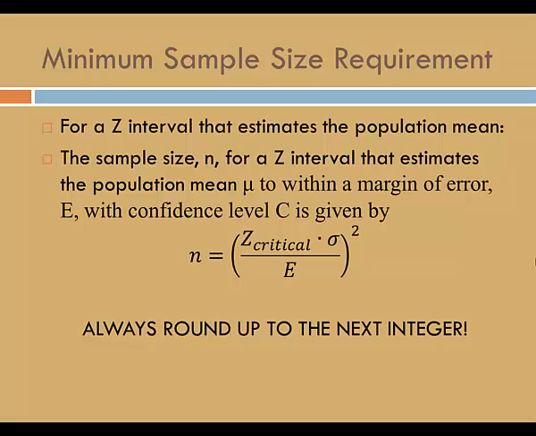In that case, the sample size n for a z-interval that estimates the population mean mu to within a margin of error E with confidence level C is given by n equals the corresponding critical value of z times standard deviation divided by margin of error, squared. The last step is to round up to the next integer.